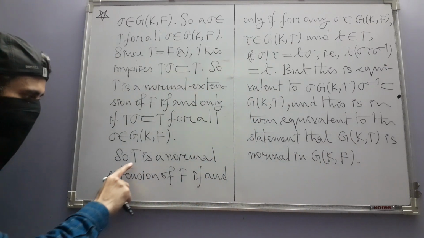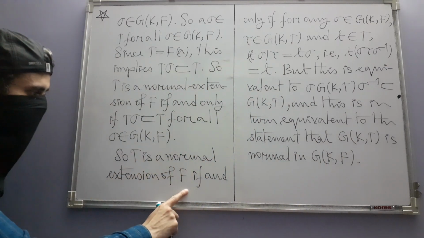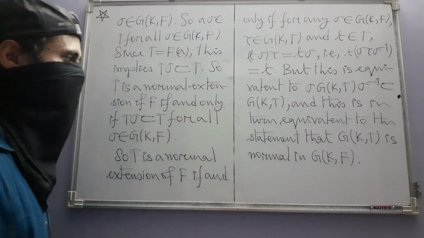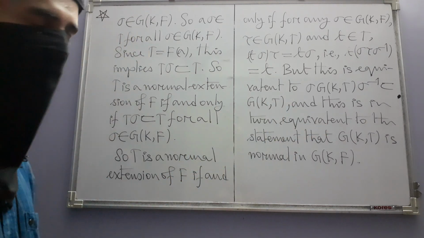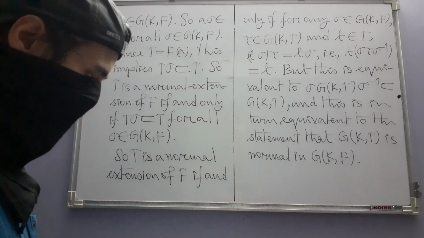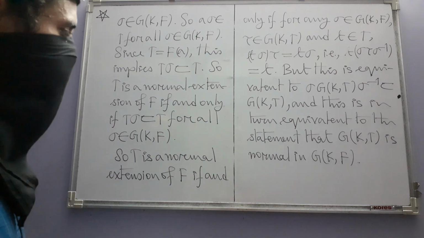And that is why T is a normal extension of F if and only if G(K,T) is a normal subgroup of the Galois group. So this is part 4. And now finally part 5.